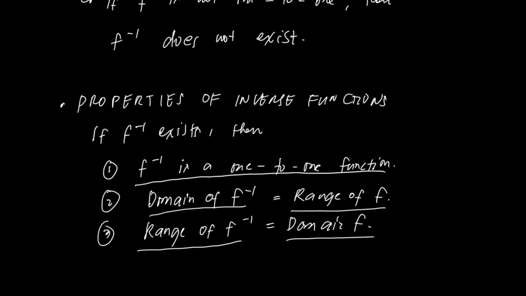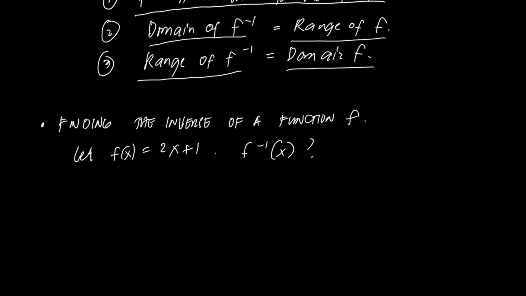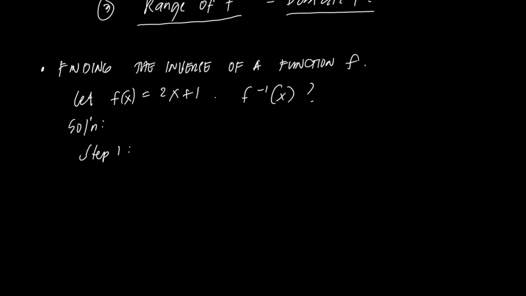So given an original function, how do we find the inverse of it? Suppose we have our function from a while ago, f of x is equal to 2x plus 1. How do we find the inverse of f? We follow certain steps as our guide in finding the inverse of a function. Step 1, take note of these steps.